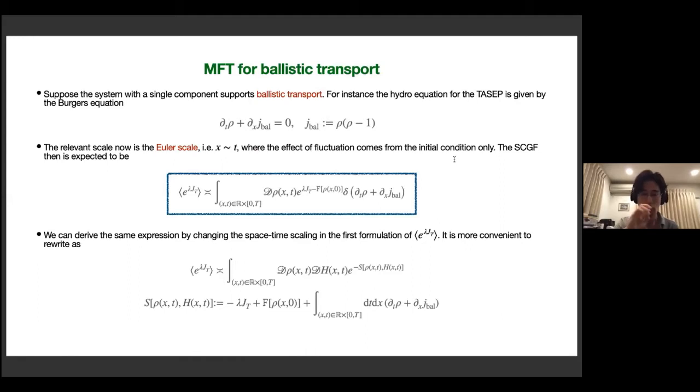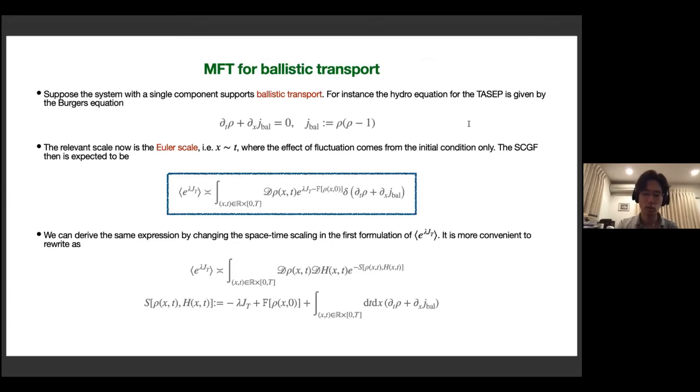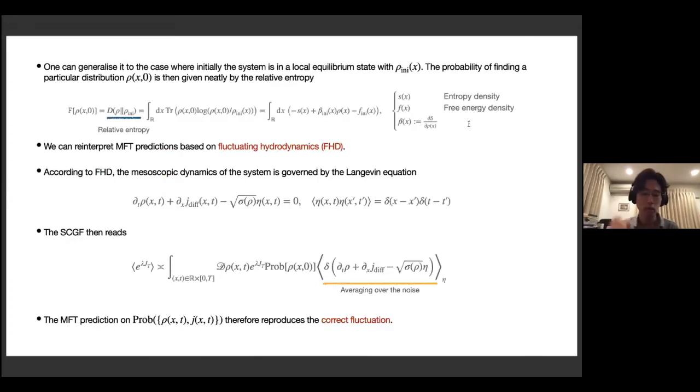You are treating eta as a simple noise, right? Or is it a multiplicative noise? It's a white noise, yes. But the way it is appearing in the equation, it's looking like a multiplicative noise, right?